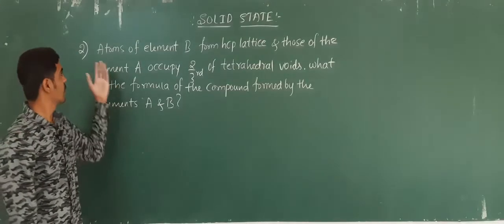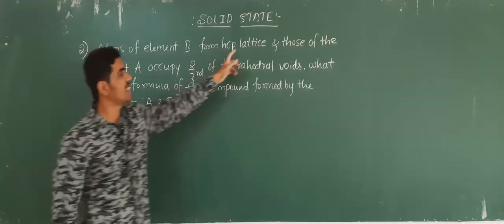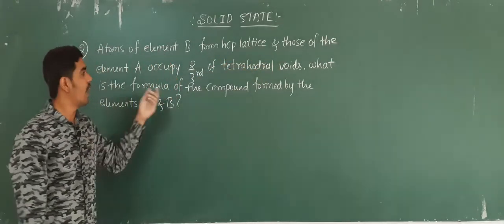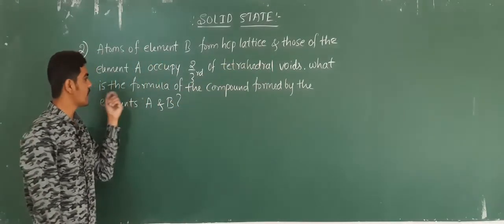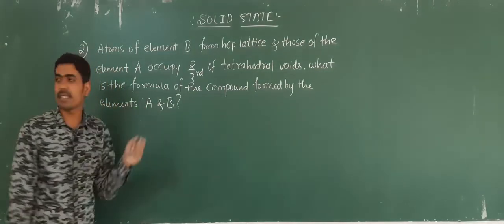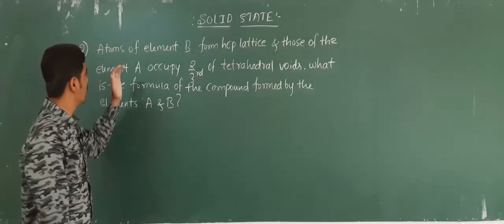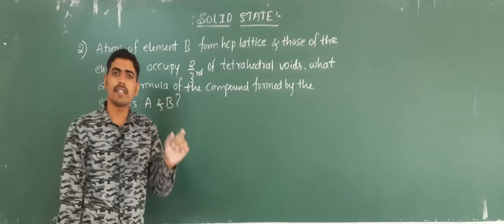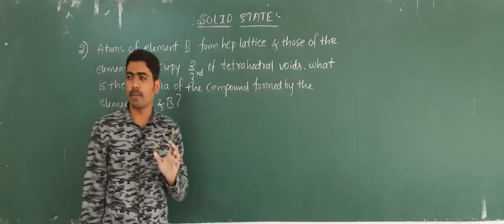The next question: atoms of element B form HCP lattice and those of the element A occupy 2/3 of tetrahedral voids. What is the formula of the compound formed by the elements A and B? So here again, first write down what they have given and calculate the number of B and number of A atoms present.